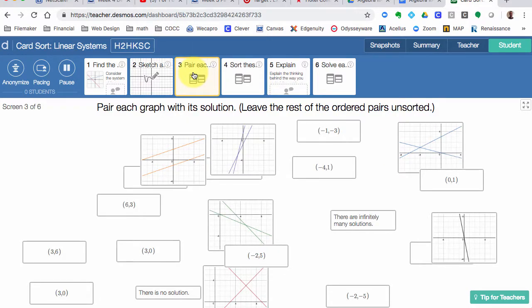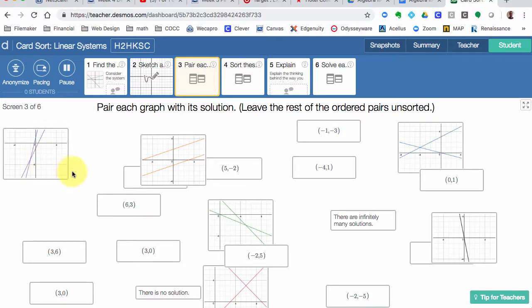So here we've got a whole bunch of points and a whole bunch of systems of equations and even some text, and we need to match these things up. So let's go through this. I'm going to take this graph right here, and if I look at it, it intersects right about -1 and -3.